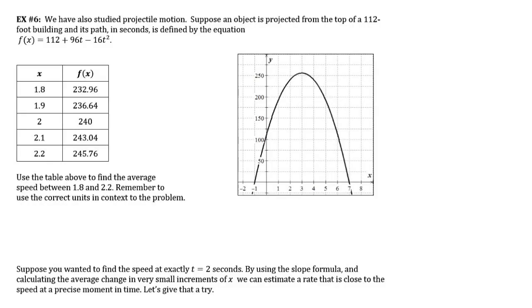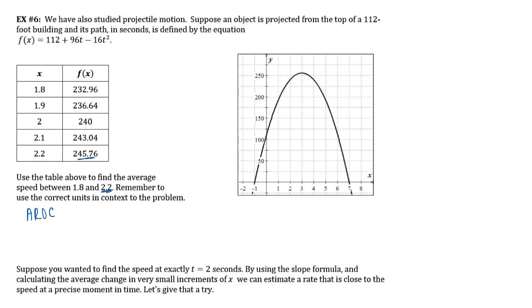All right, so that brings up this next type of problem. And notice they've given us all these different values, and they're asking us to find our average rate of change. Okay, using this table, find the average rate of change, or average speed, between 1.8 and 2.2. So our average rate of change, and we're going to look at 2.2.